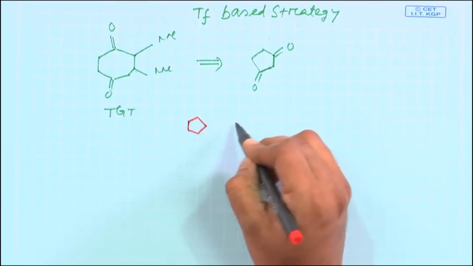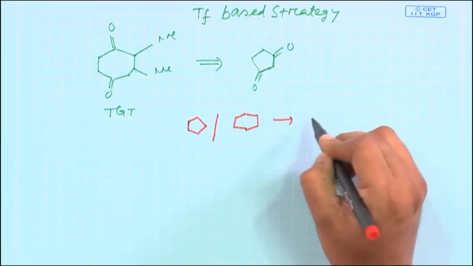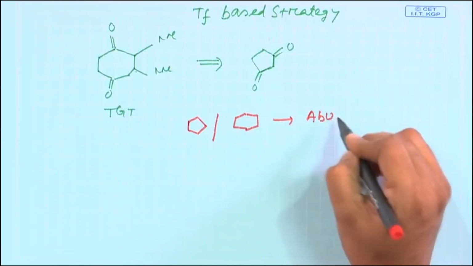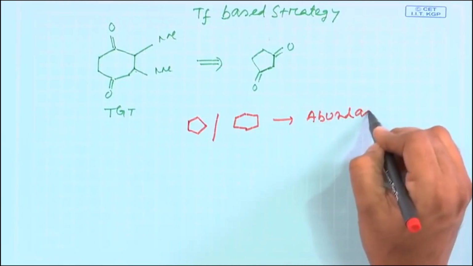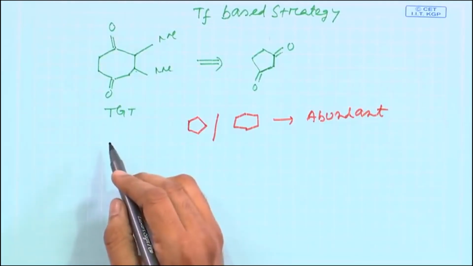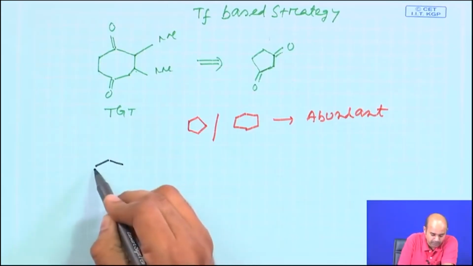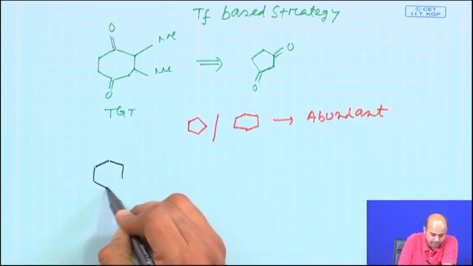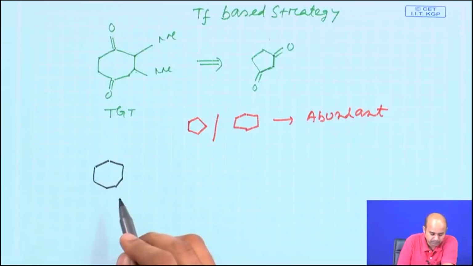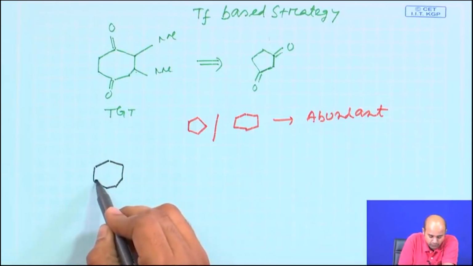On the contrary, cyclopentane and cyclohexane containing rings are abundant in nature, as well as you get many cheap starting materials which is having cyclopentane and cyclohexane. For the case of cycloheptane rings, if you draw the cycloheptane, sometimes you can think about doing a very adventurous retro.